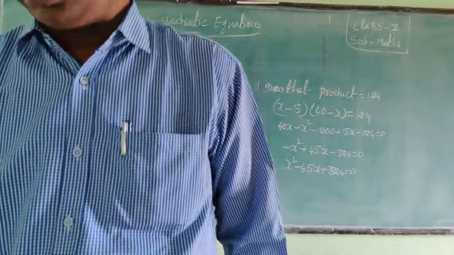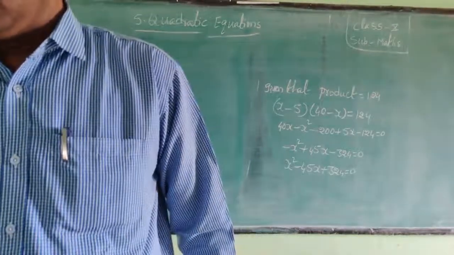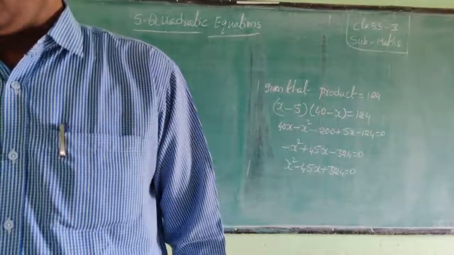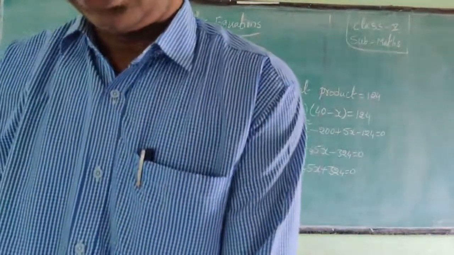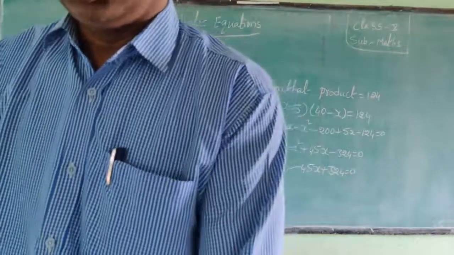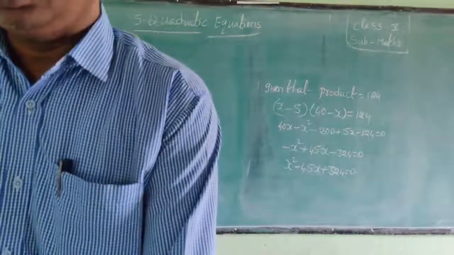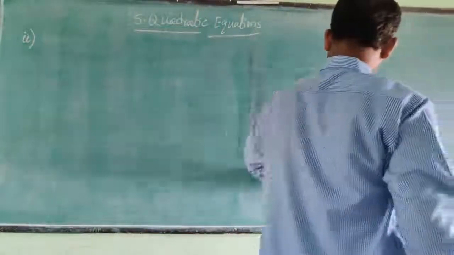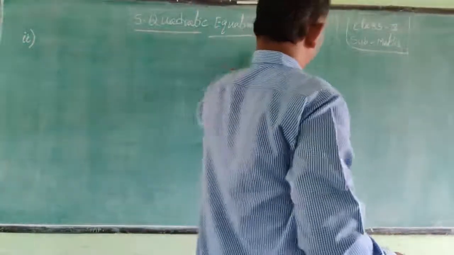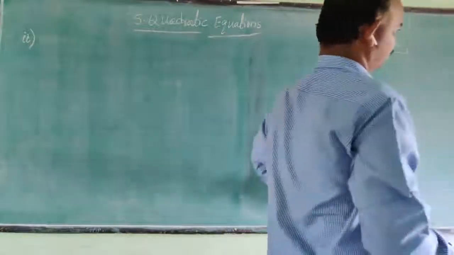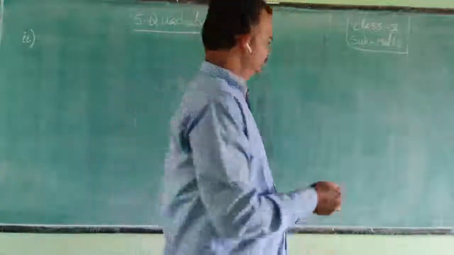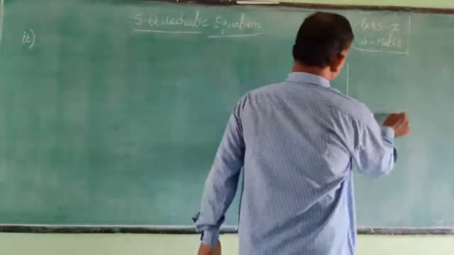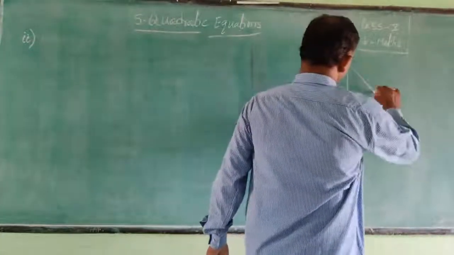We would like to find out the length of the other two sides for a right angle triangle, that means it is having 90 degrees in one angle.